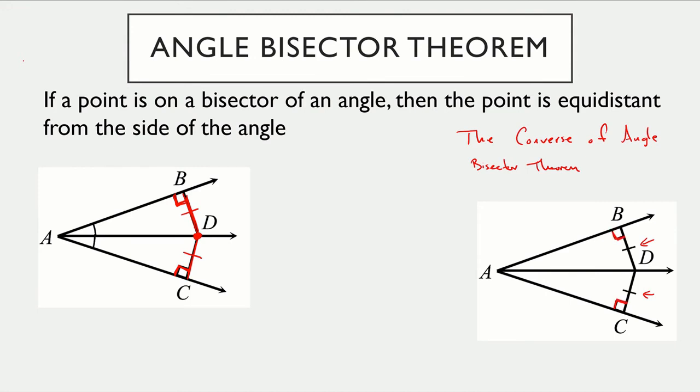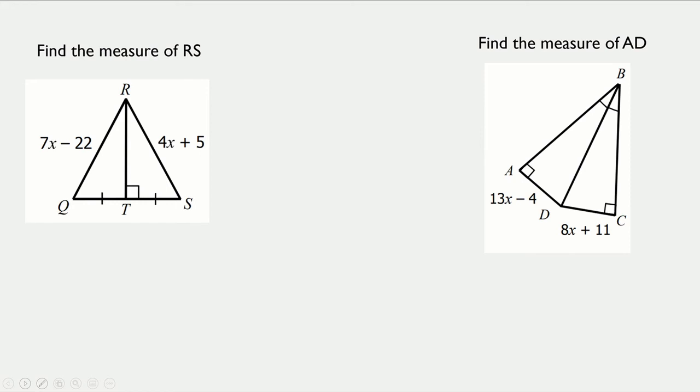If we start off knowing that, then what we get from that is that these two angles are going to be congruent. Okay, so the original one starts off knowing that angles are congruent, and we get that the distances between the point and the side are congruent. For the converse, we start off knowing that the sides are congruent, and that tells us that the angles are congruent. Alright, so let's go ahead and try some of these problems.